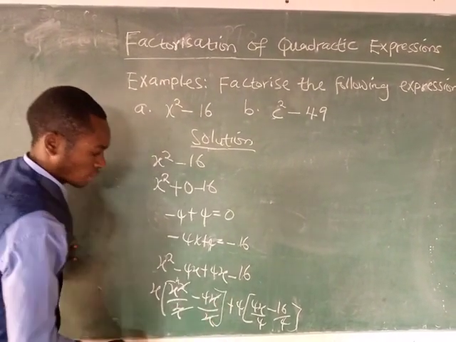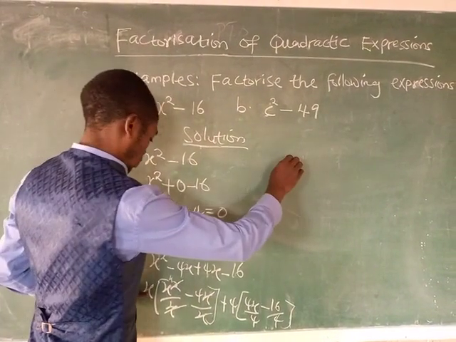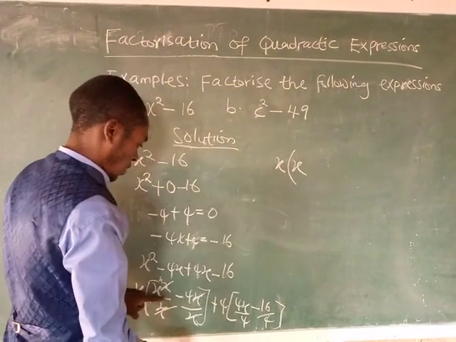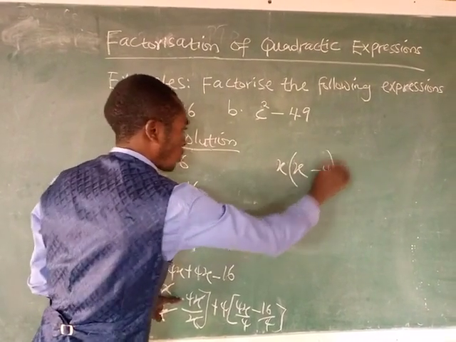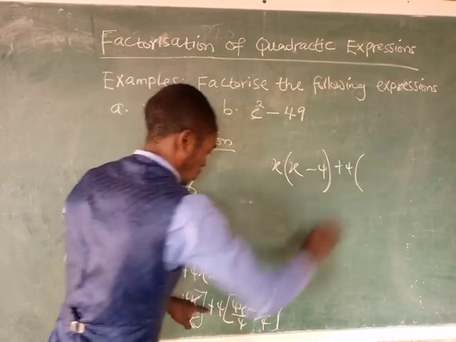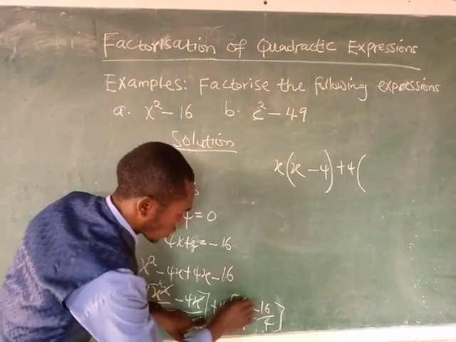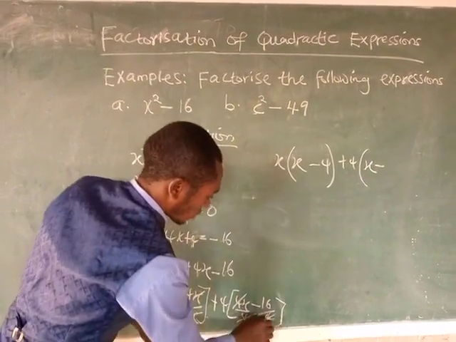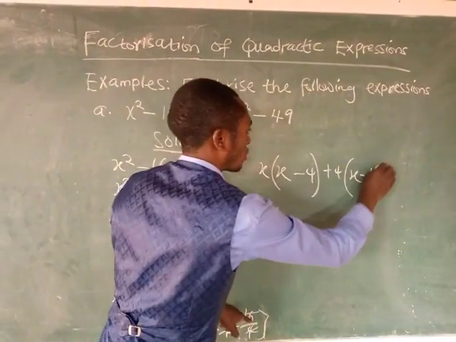x cancels x, so what you have here is x open bracket x minus 4 close the bracket. And when you come over here, you have plus 4 open bracket; this 4 cancels this 4, and what you have left is x minus 16 divided by 4, which is 4.